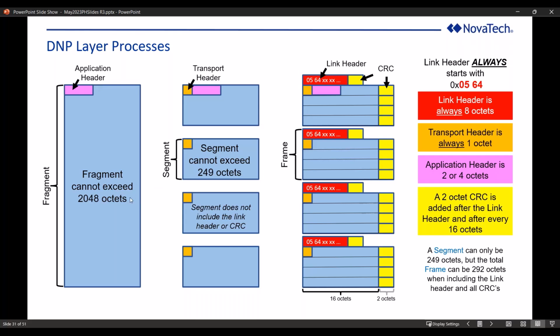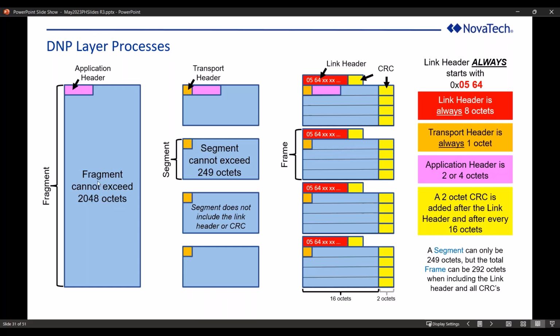Each fragment will have an application header. So an application header is added, as we saw earlier, to allow sequencing of multiple fragments, the order of it. And then your transport layer makes it a segment.